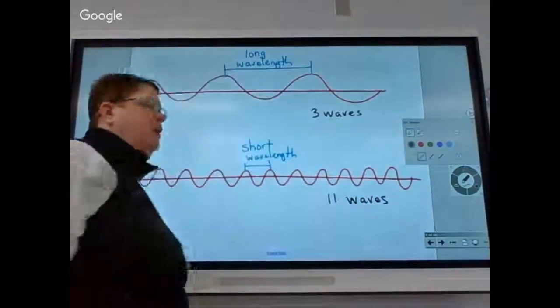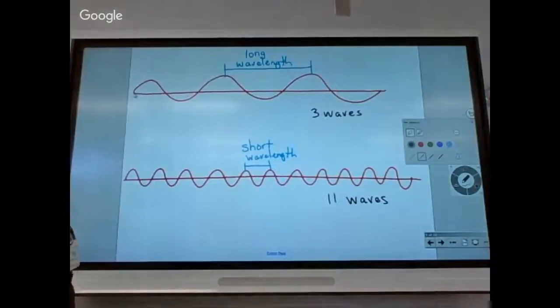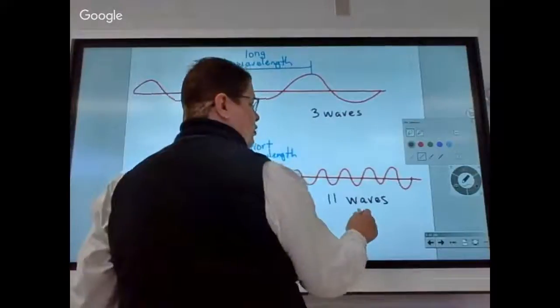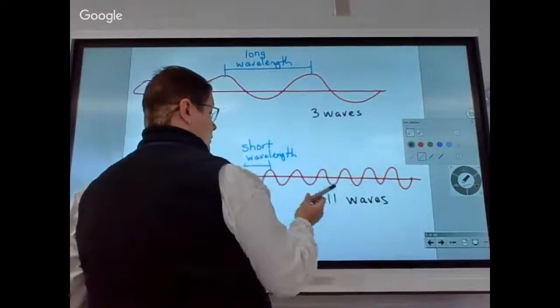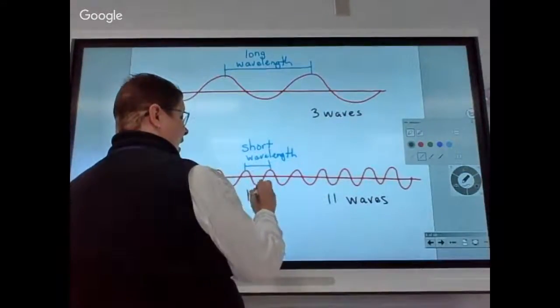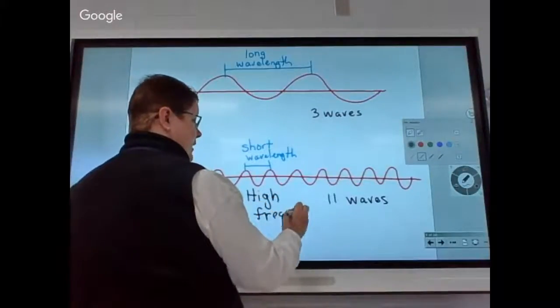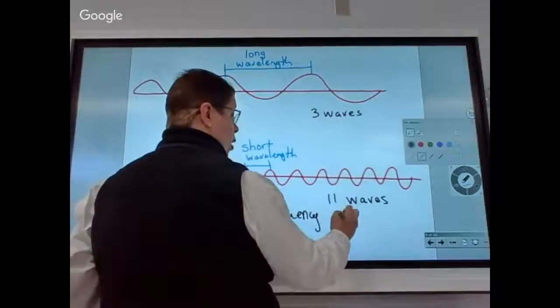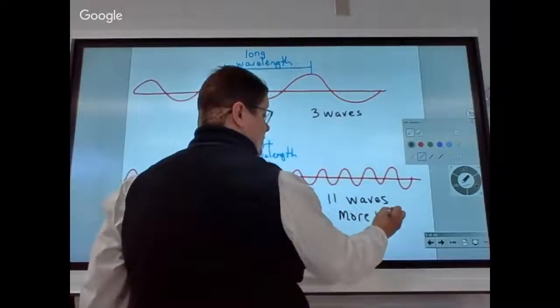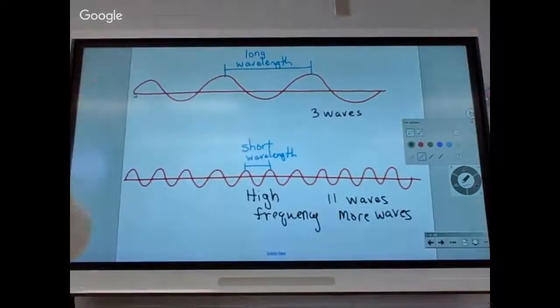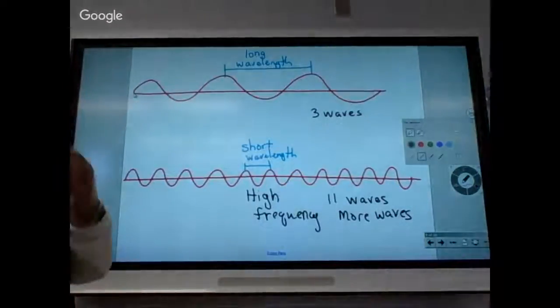The point I'm trying to make is when you have a short wavelength, what does it do to your frequency? That's right. You have a high frequency. Basically, you have more waves. When you have a short wavelength, it means they're closer together, so you have a high frequency.